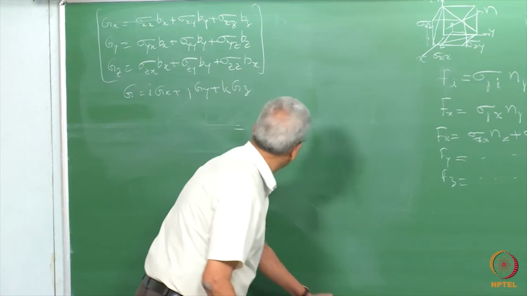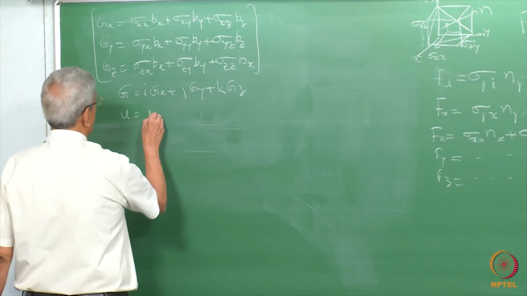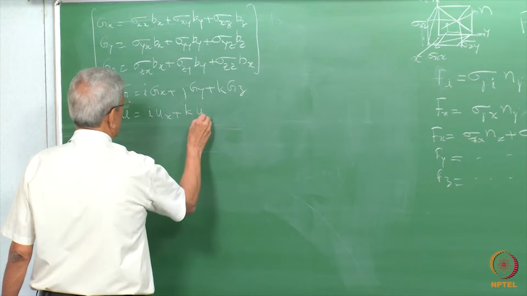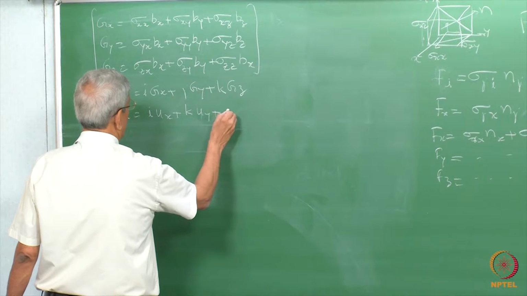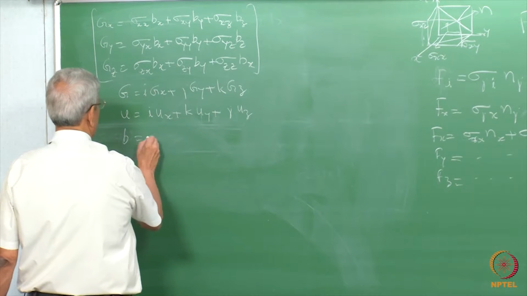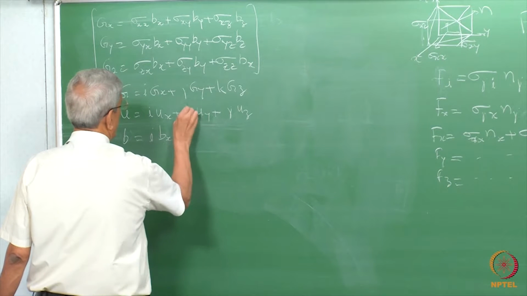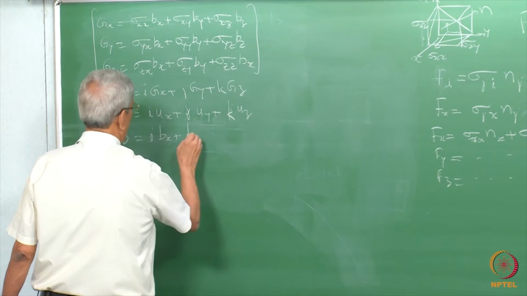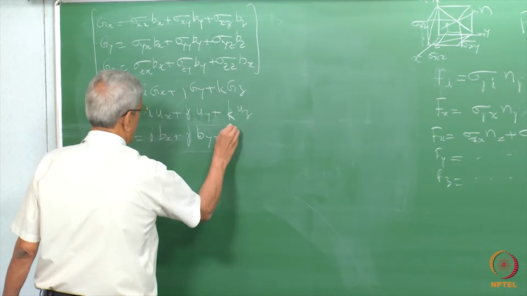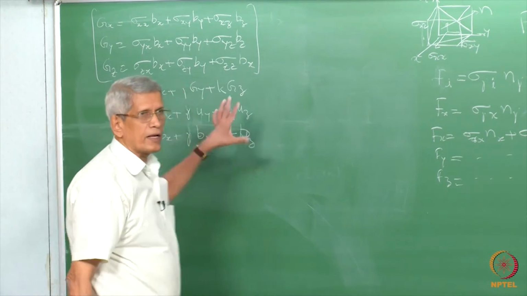Then the line direction u, we write as i into ux plus j into uy plus k into uz. The Burgers vector is i into bx plus j into by plus k into bz. These are all the things.